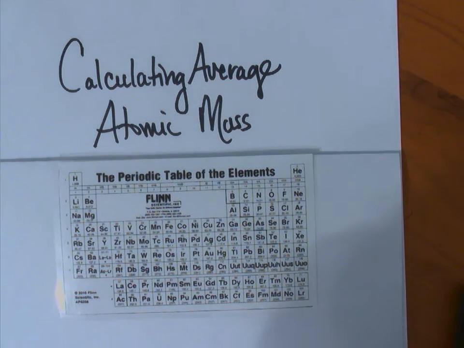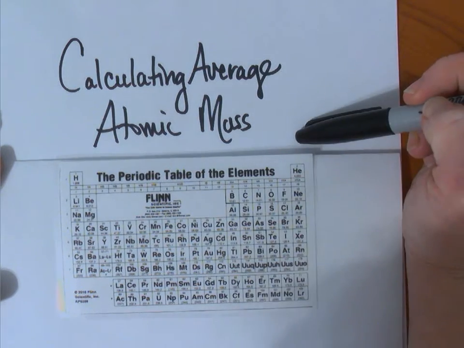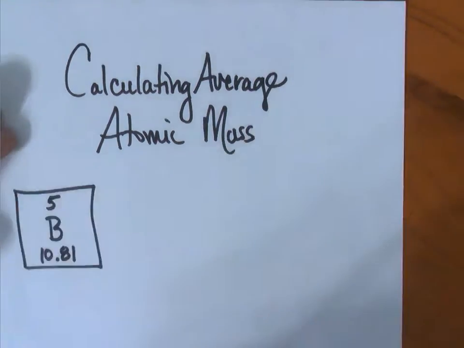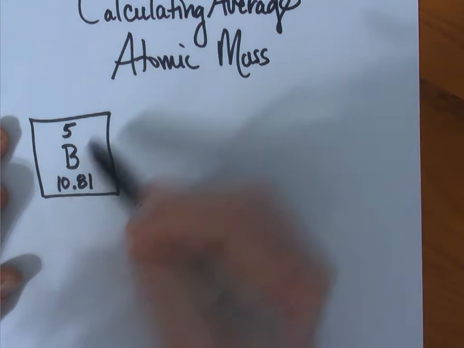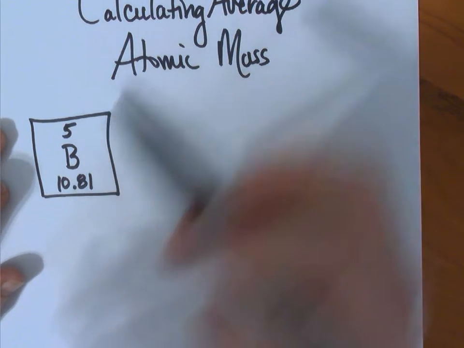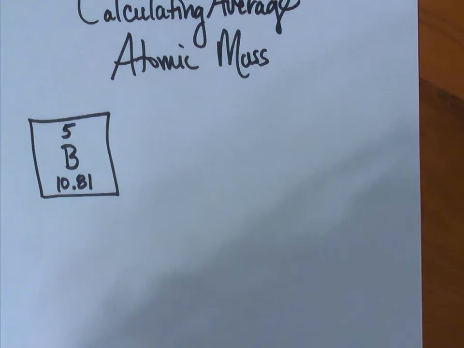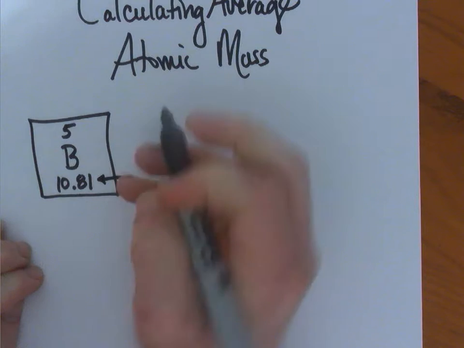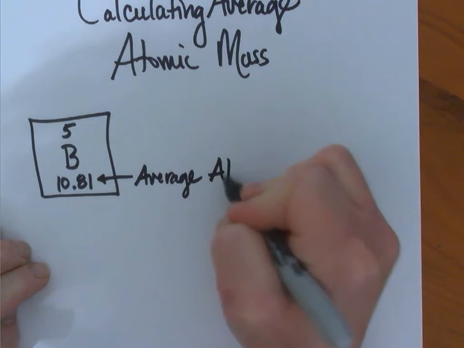This video will address how to calculate average atomic mass. If we take a look at the element block that conveys the atomic number and then a number with digits after the decimal place, this number is most properly known as the average atomic mass.